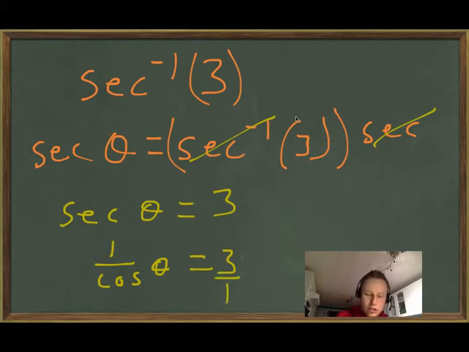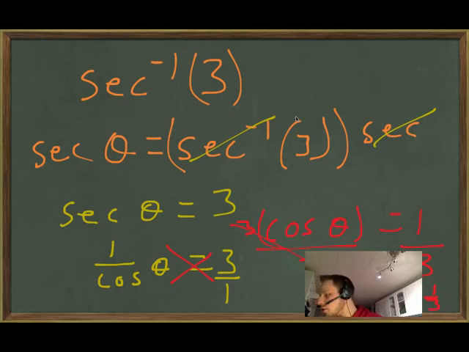If we cross multiply, cosine theta times 3 equals 1. We need to get cosine by itself, so we divide by 3, so cosine theta is a third.